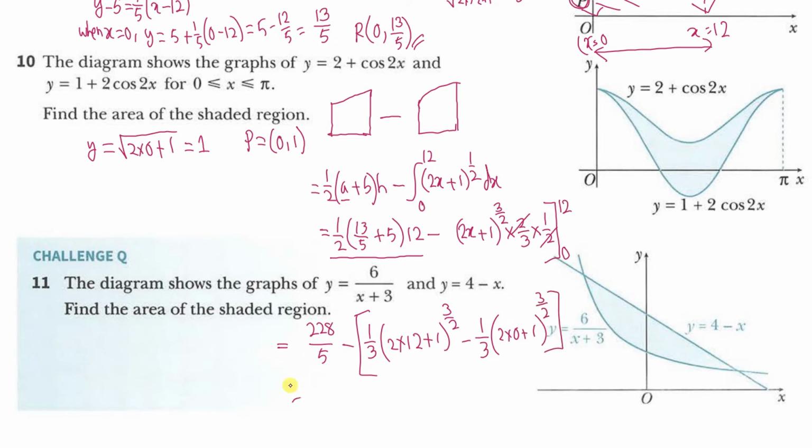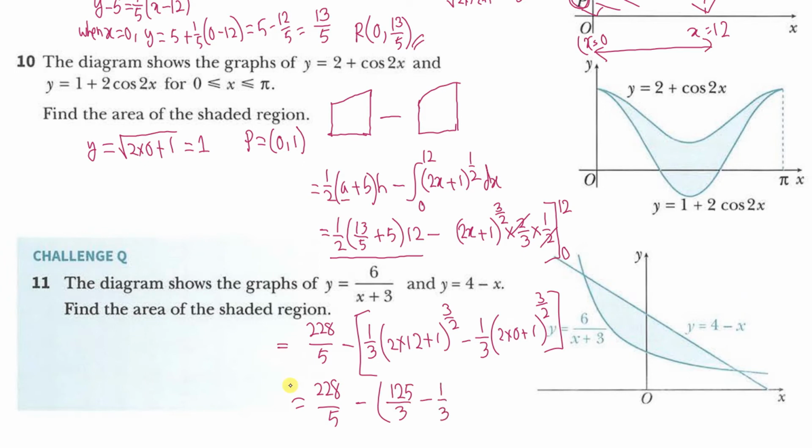That is the total part, which is 228 divided by 5 minus, inside, 24 plus 1 is 25, square root is 5, and 5 cubed is 125, so you can write 125 by 3. Then minus, 1 to the power 3 by 2 is 1, so minus 1 by 3.